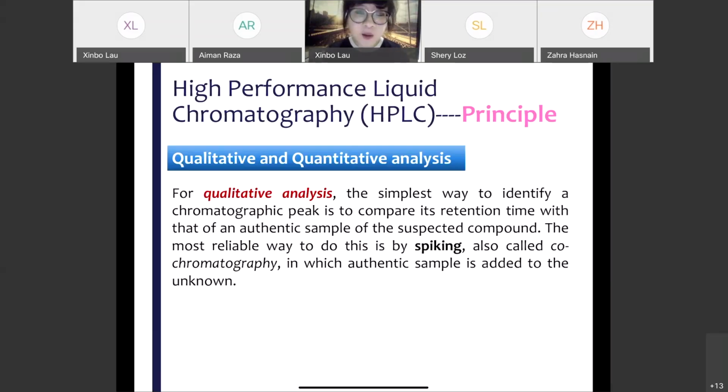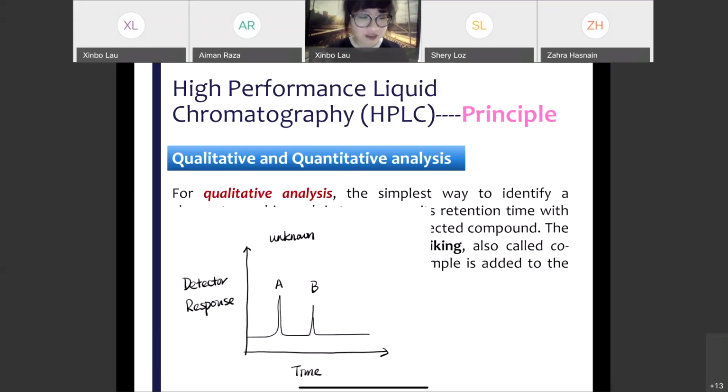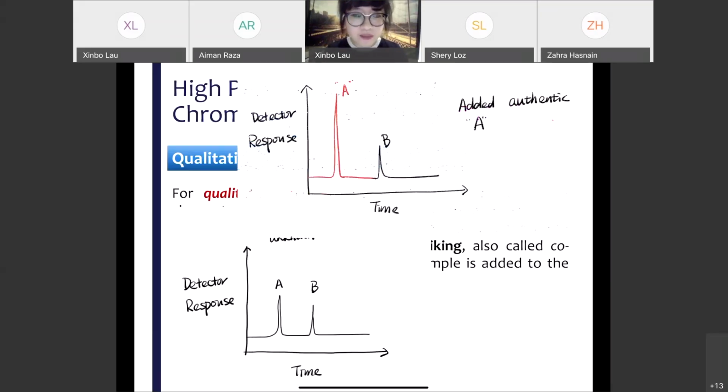That is qualitative analysis. If you have an unknown and you spike it with pure A, the signal increases, which means the concentration increased.